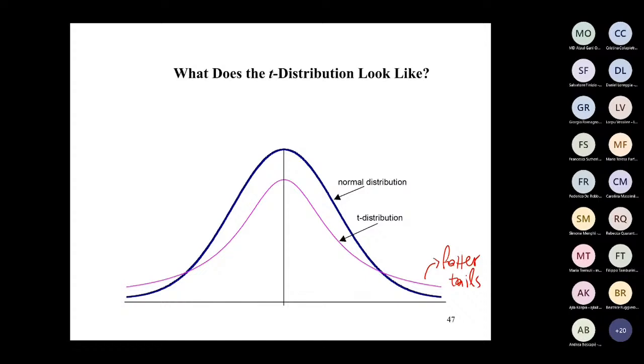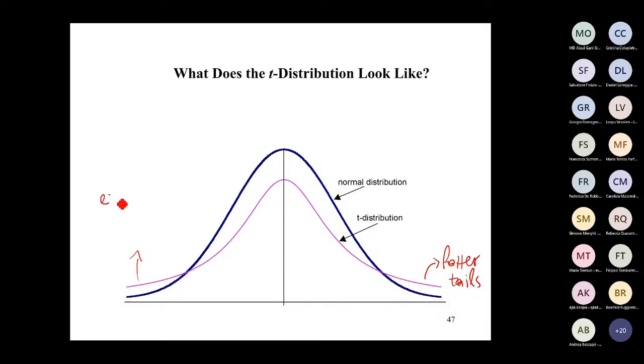So somebody wanted to also say something. So fatter tails, what does it mean about extreme values? Fatter tails means that extreme values are more frequent compared to the normal distribution. When we say extreme values, we mean values that are far away from the mean.